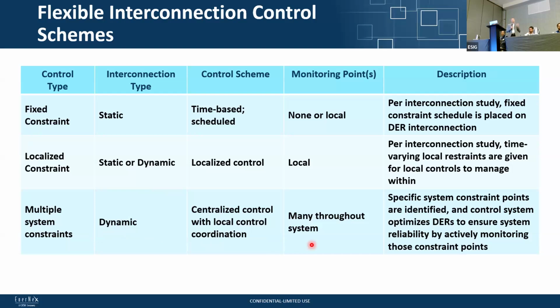When you're doing your system analysis, you know that these are your key constraint points on the system, and you want to have some monitoring of those points and be able to react pretty much in real time. Again, it introduces a lot more complexity, but it allows for a lot more DER output.